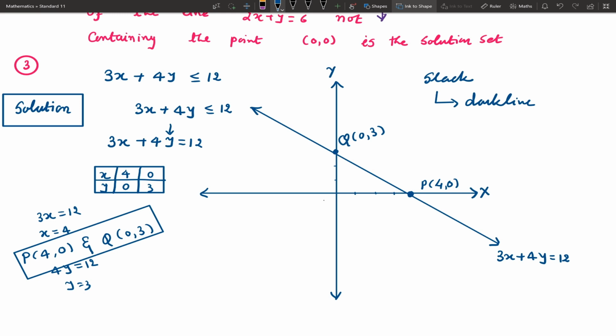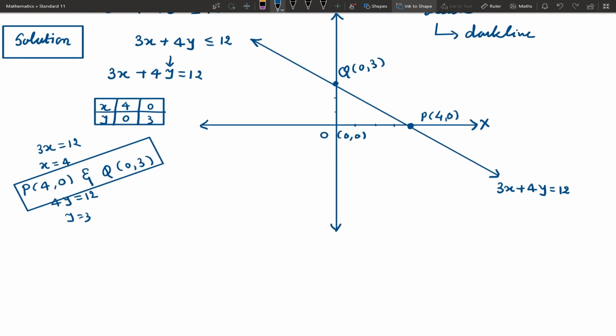Now we take the coordinates of the origin (0, 0). We have the inequality 3x plus 4y less than or equal to 12. Take x equal to 0, y equal to 0. Let us verify whether the coordinates of the origin satisfy the inequality or not.